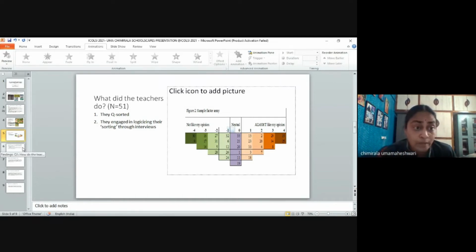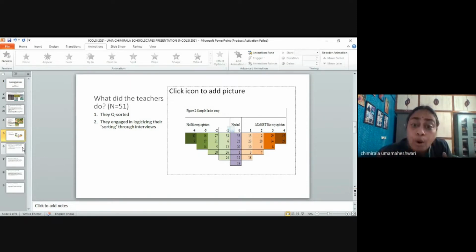Now, based on the Q sort, let's say this data is collected from 6 schools. We have a total of 51 teachers who consented to do this work. So you might want to ask, in this particular group of 51 teachers, are there teachers who are similar?